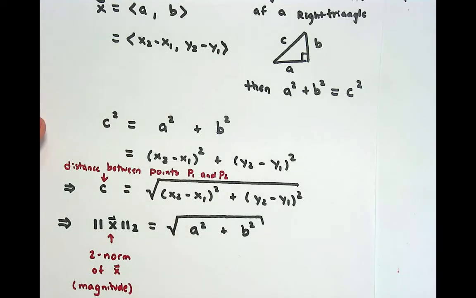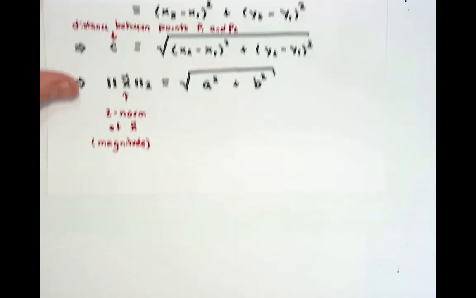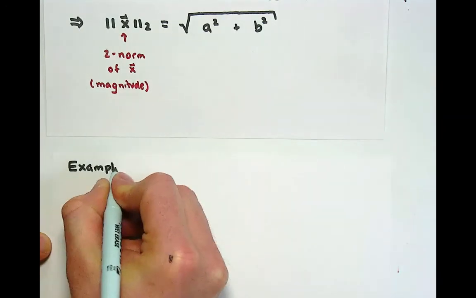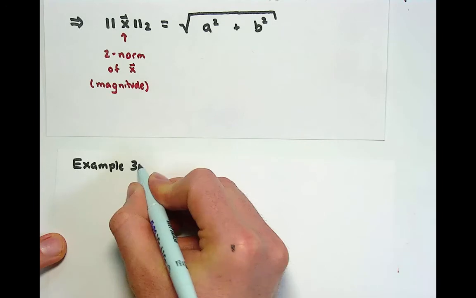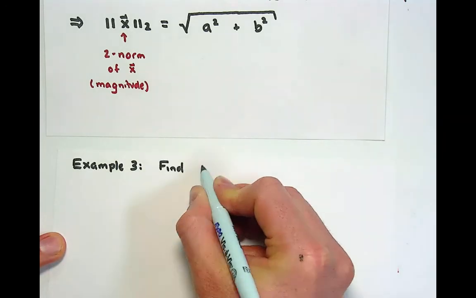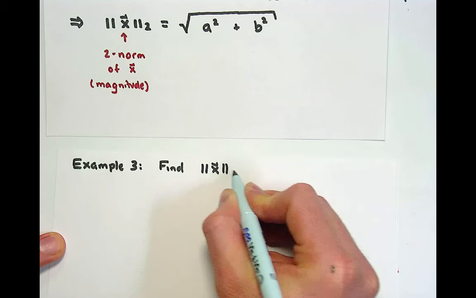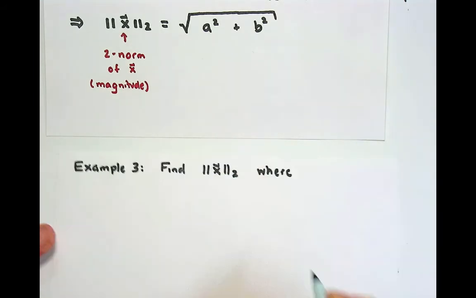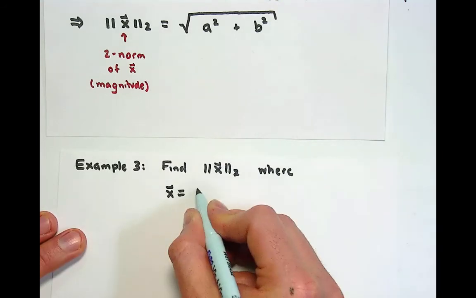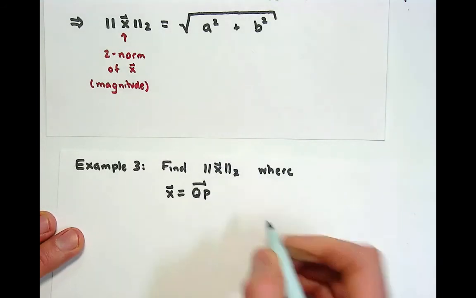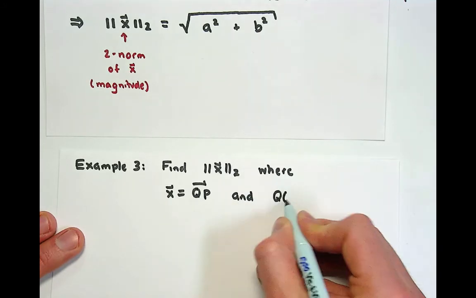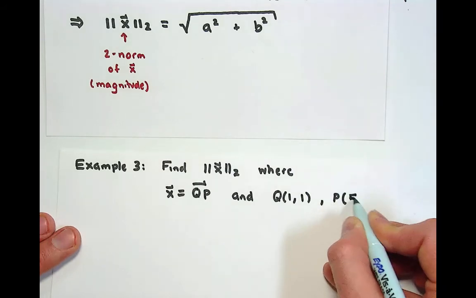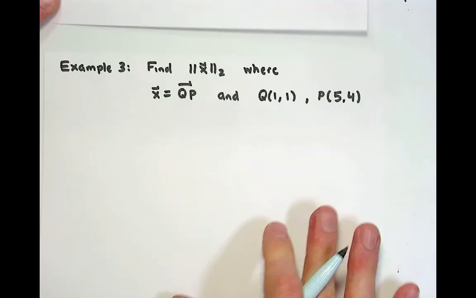Okay, let's go ahead and do an example with this, which goes back to the examples we did in previous videos. Find the magnitude of vector x, or the 2 norm of vector x, where x goes from Q to P, and Q was (1, 1), P was (5, 4).